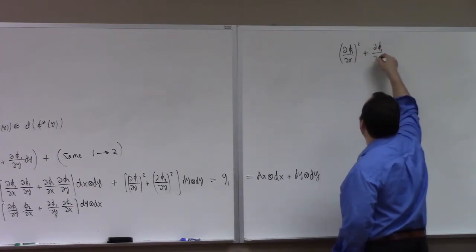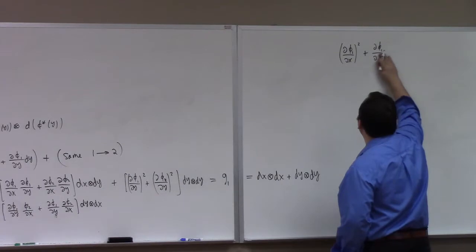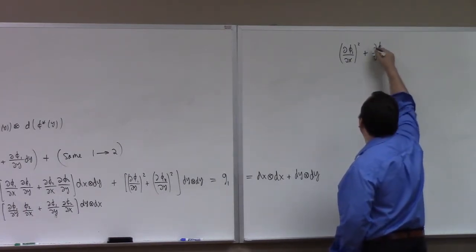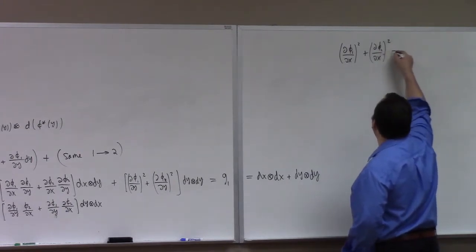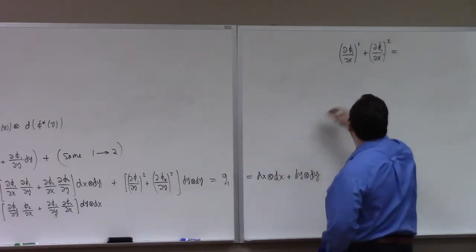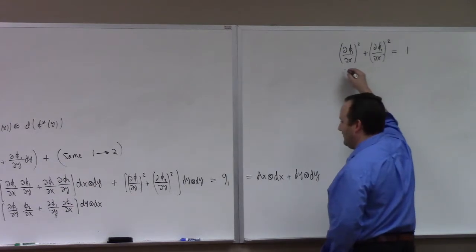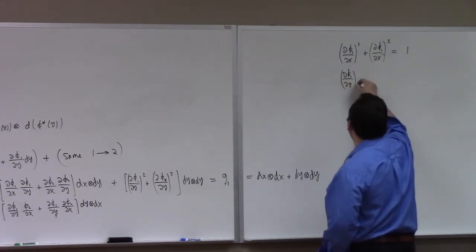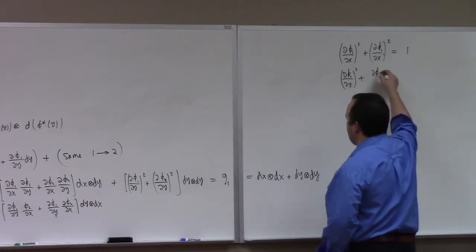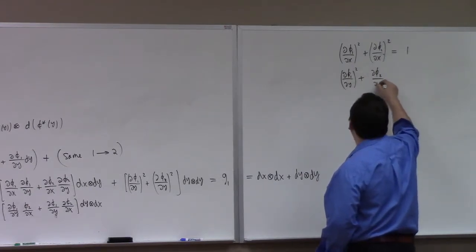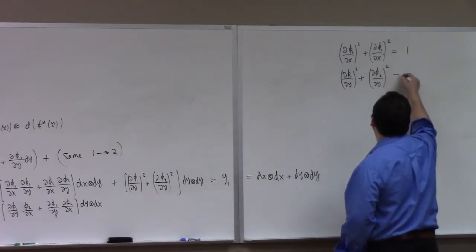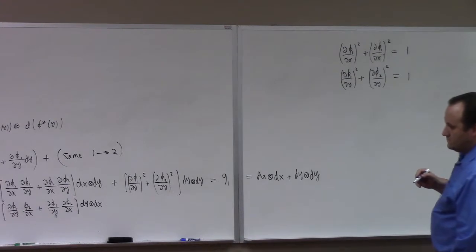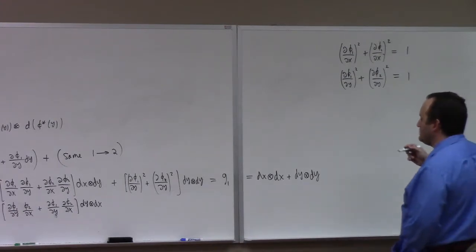You can equate coefficients. You get partial phi 1 partial x squared plus partial phi 2 partial x quantity squared equals 1. We get likewise partial phi 1 partial y squared plus partial phi 2 partial y squared equals 1. And the other ones are 0.